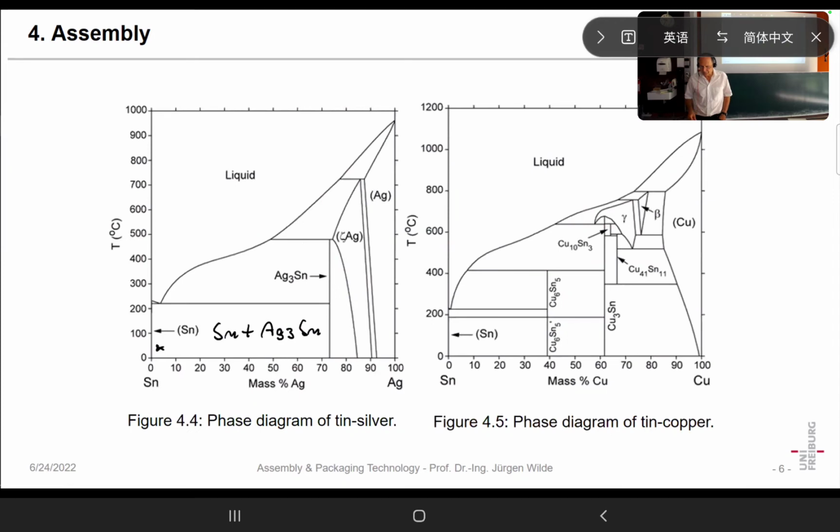So here we can say, if we are on the tin-rich side of the phase diagram, we typically have copper-6 tin-5, but as we have on the other side still copper, we can also expect that it is copper-3 tin here. So in that way, we can at least have a guess what is to be expected.